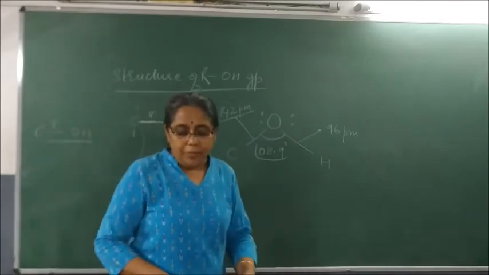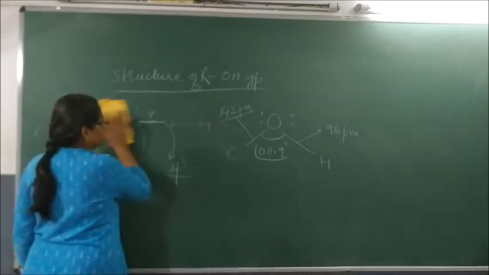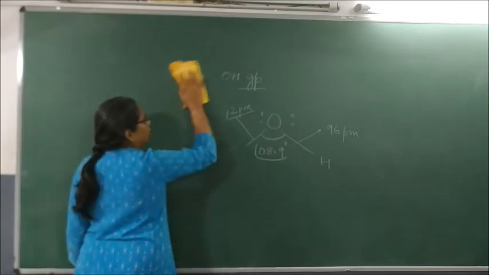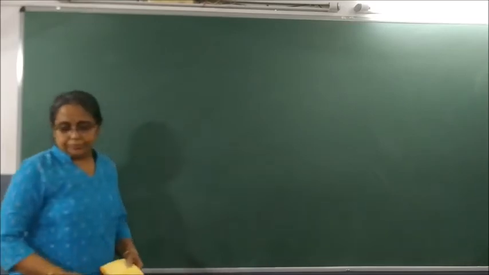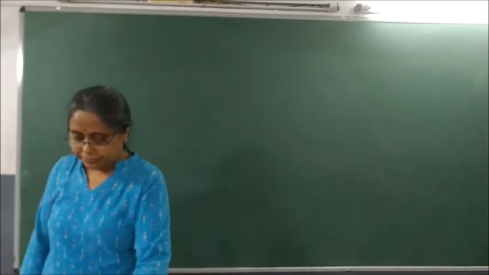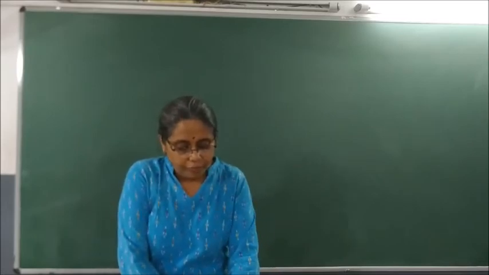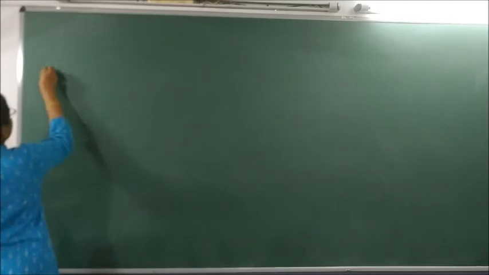Now write: methods of preparation of aliphatic alcohols. So the first method of preparation of alcohol is from alkenes.